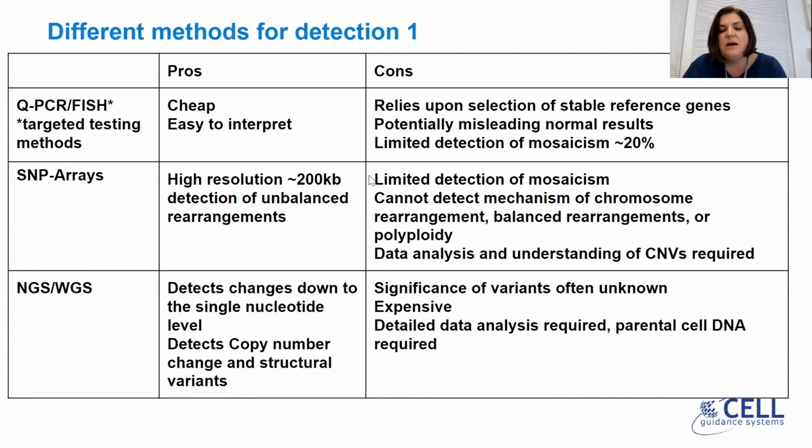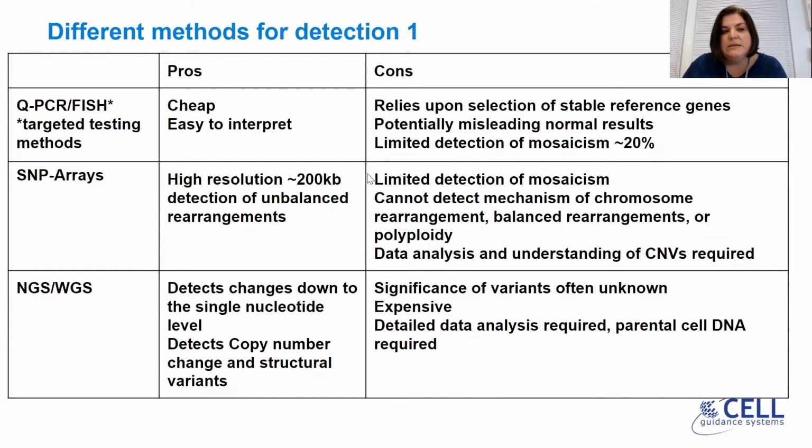Because you're using targeted testing of a few key genome areas, it does mean that normal results can be potentially misleading because it doesn't exclude abnormalities elsewhere in the genome. Both of these methods have quite limited ability to detect mosaicism of just 20%.